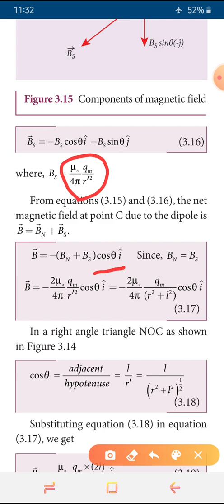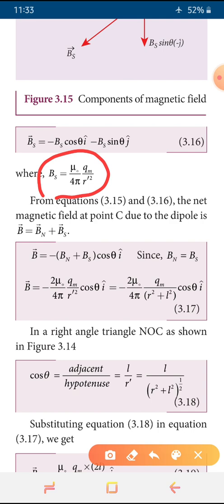Say both poles have equal pole strength, then we can write Bn is equal to Bs. When Bn is equal to Bs, the term Bn plus Bs becomes 2Bn or 2Bs. Then we substitute the Bn or Bs value, which is the same for both, in this equation.